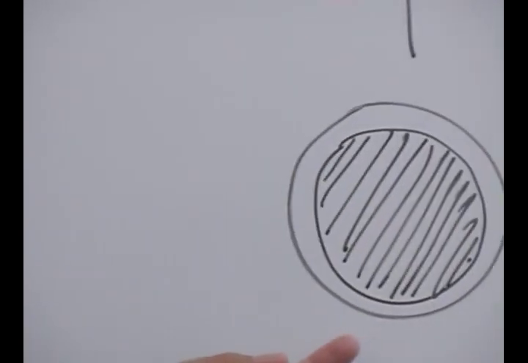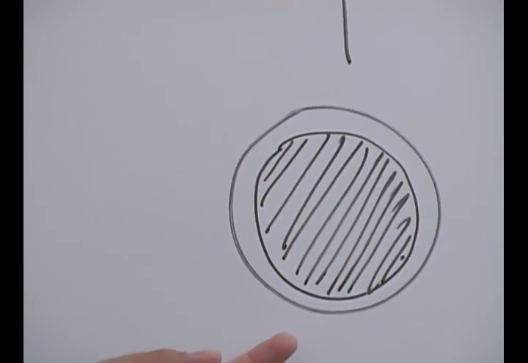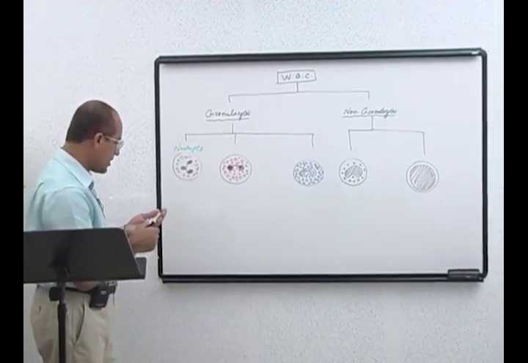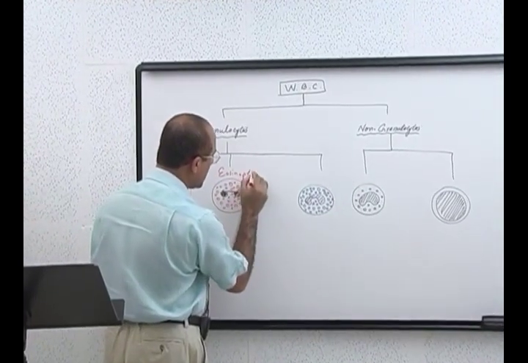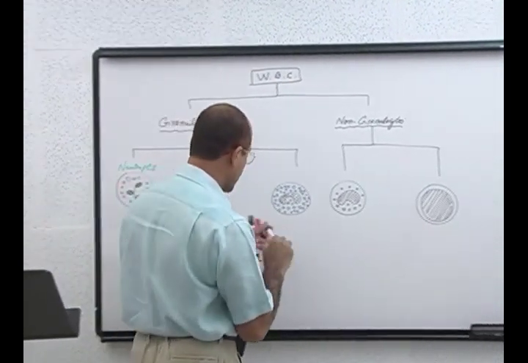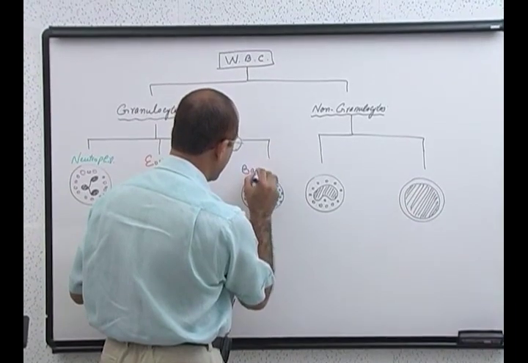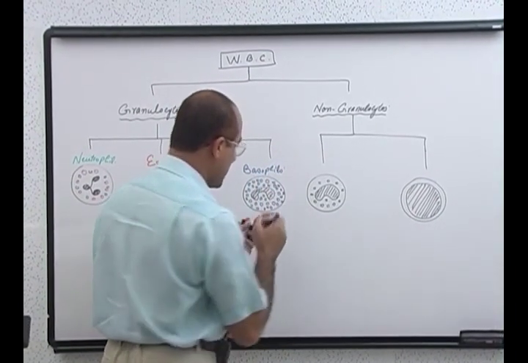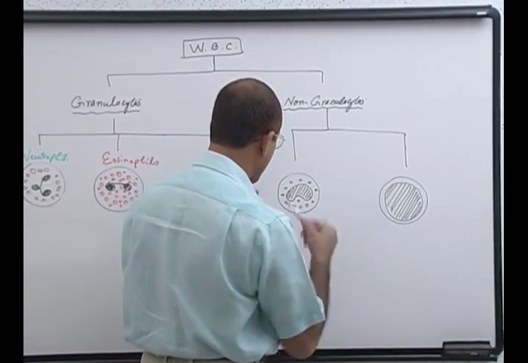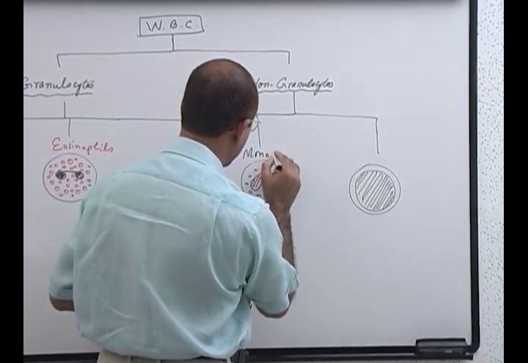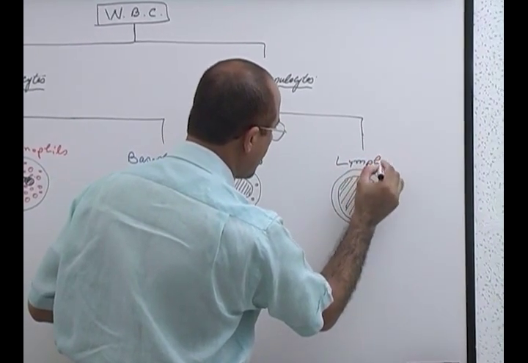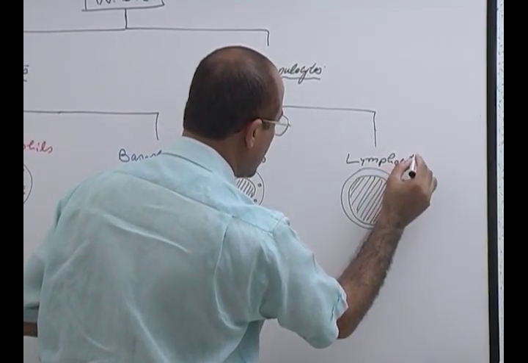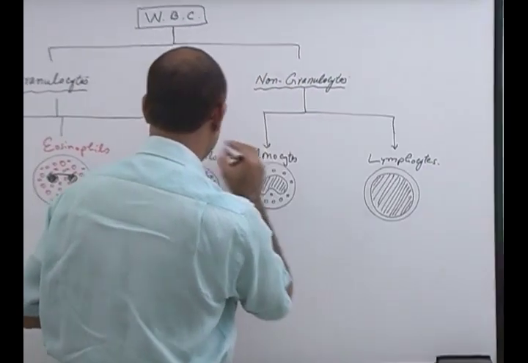And lymphocytes are very peculiar in having a very large nucleus and very little cytoplasm. Let me write their names: eosinophils, basophils, monocytes, and lymphocytes.